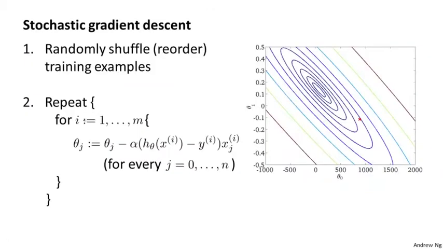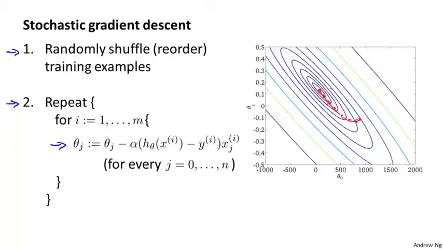So here's the algorithm written out again, where the first step is to randomly shuffle the data, and the second step is where the real work is done, the update with respect to a single training example (xi, yi). So let's see what this algorithm does to the parameters. Previously, we saw that batch gradient descent, the algorithm that looks at all the training examples at a time, would tend to take a reasonably straight line trajectory to get to the global minimum.